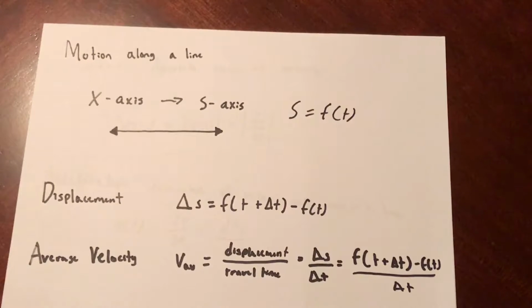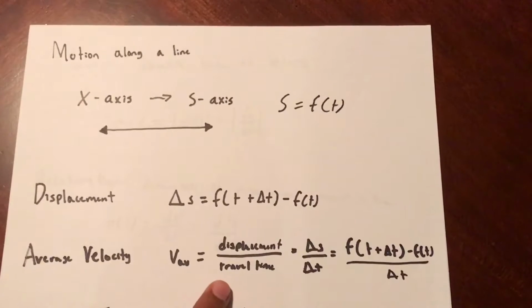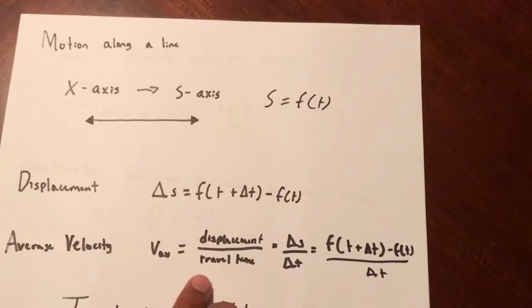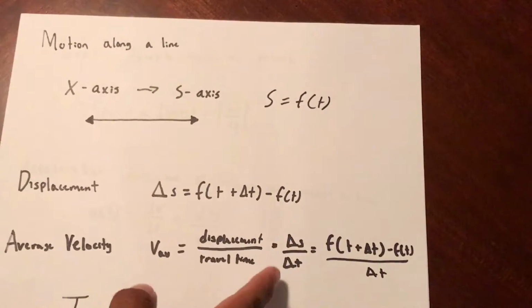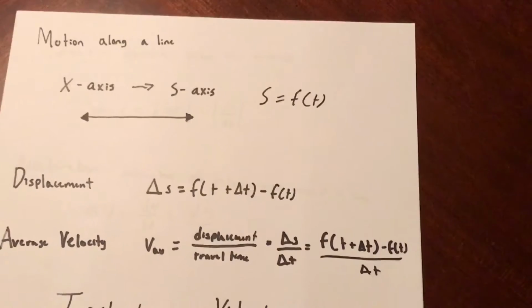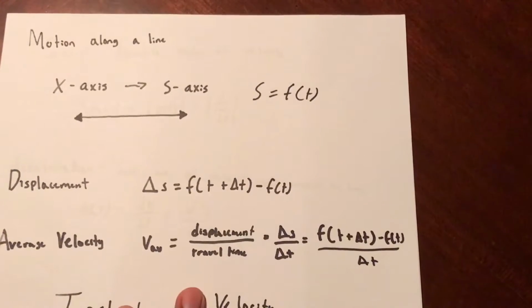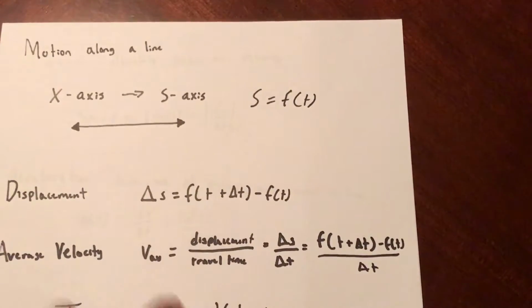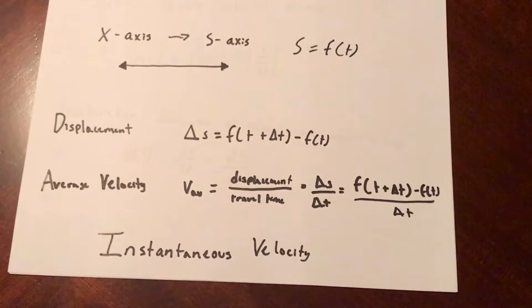The average velocity of the object over the time interval is displacement over travel time, equal to delta s over delta t, which is equal to f of t plus delta t subtracted by f of t over delta t, which looks familiar as we saw before in the rate of change, which is actually the instantaneous velocity.